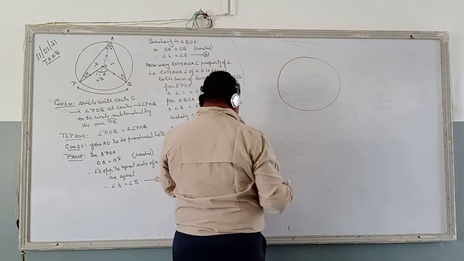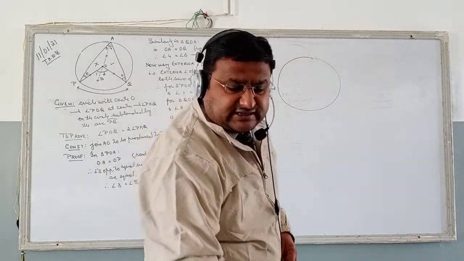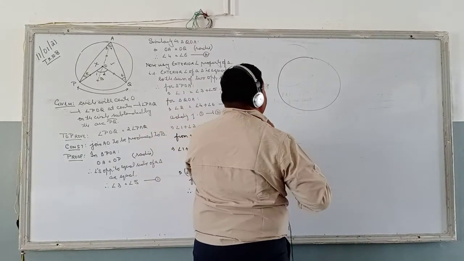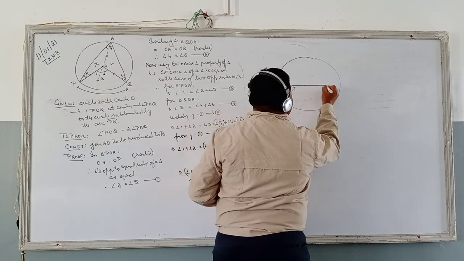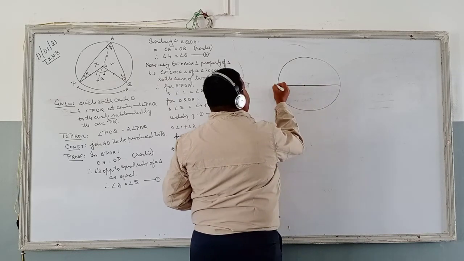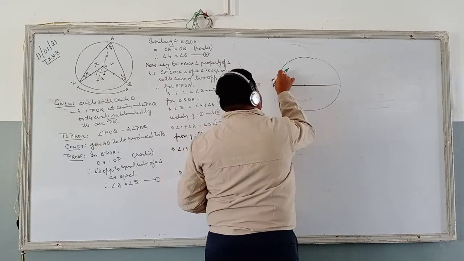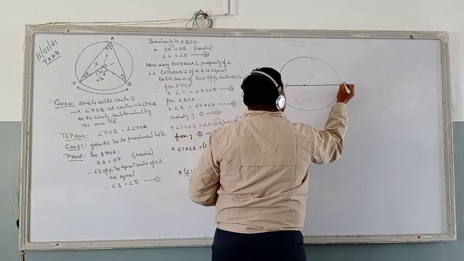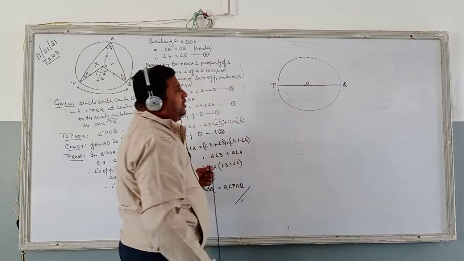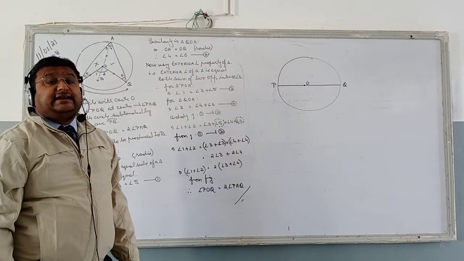Supposing this is a circle, right? This is the center, and I draw this line. I name the points P and Q itself so that you don't get confused, and this is O. What is this line? This line is a diameter.